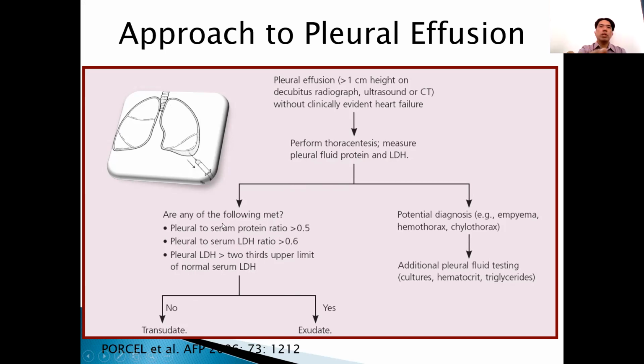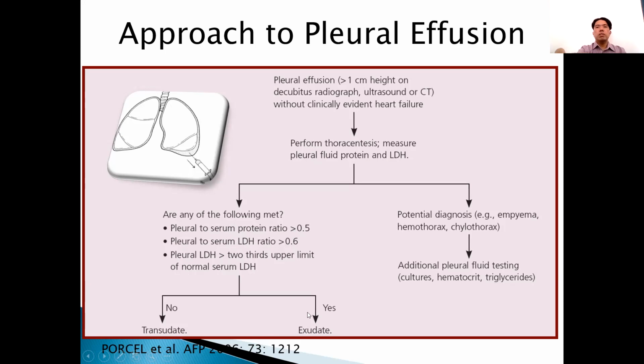Serum is blood, so we get the serum protein and the serum LDH, and make a ratio, comparing the pleural values to the serum. If it is more than 0.5, more than 0.6, or more than 2/3 the upper limit of the normal serum LDH, that would be an exudate.